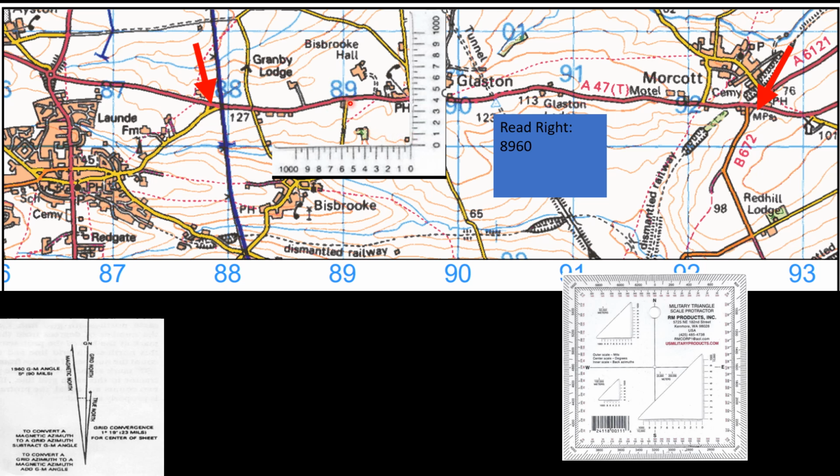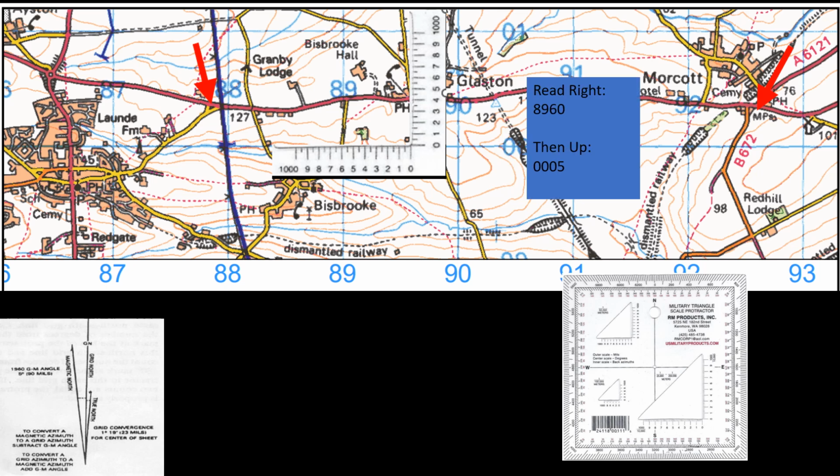The easting is 89, and then it looks like it's right on the 6. So the easting grid coordinate is 8960, and we still need the northing grid coordinate. So then we read up, and in this case it's 0.5.